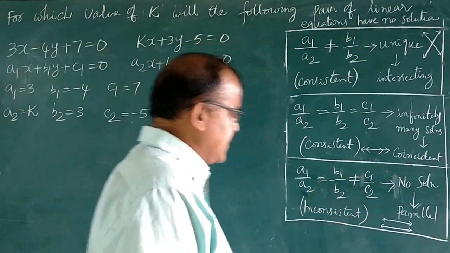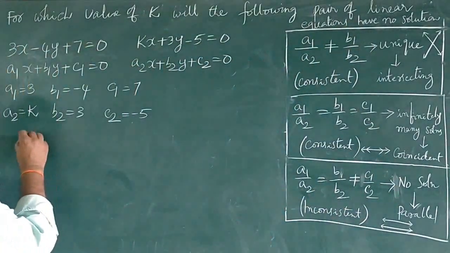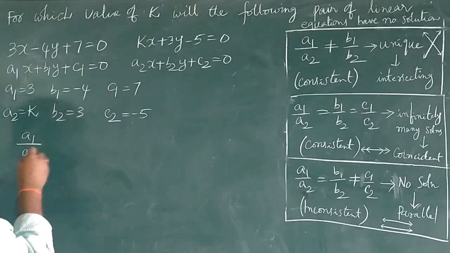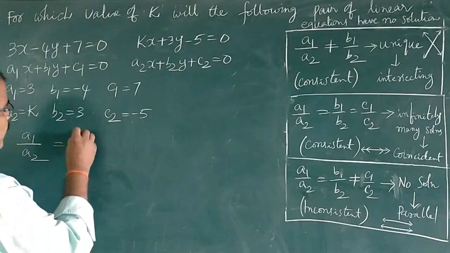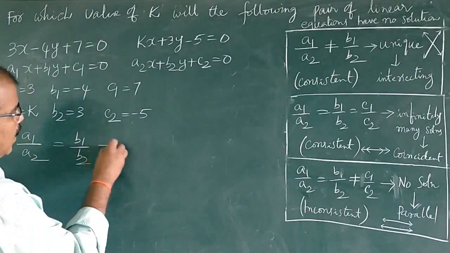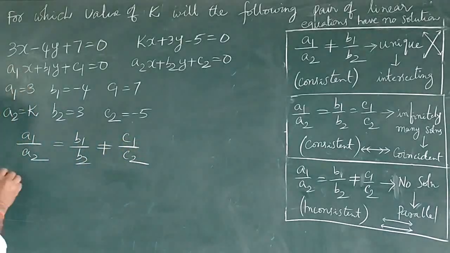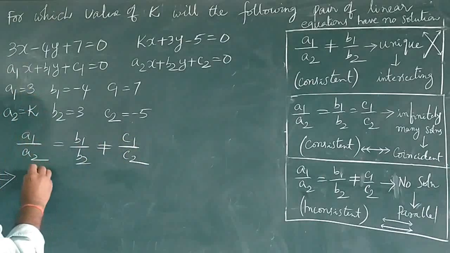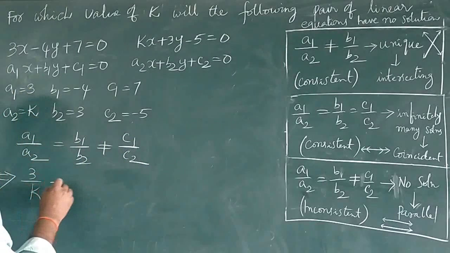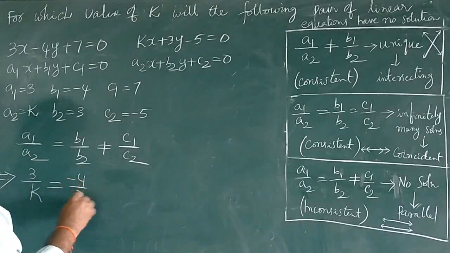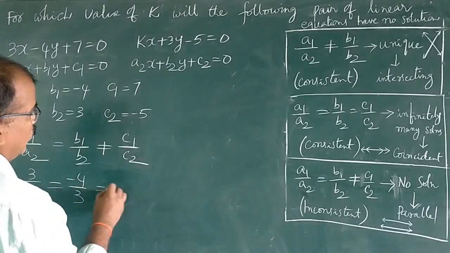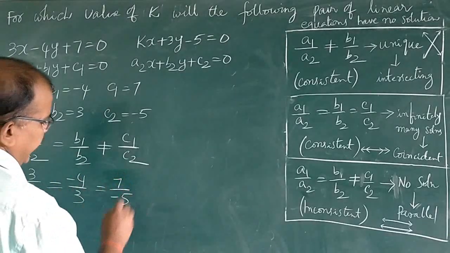No solution in the sense a1 by a2 is equal to b1 by b2 is not equal to c1 by c2. That implies 3 by k is equal to minus 4 by 3 is not equal to 7 by minus 5.